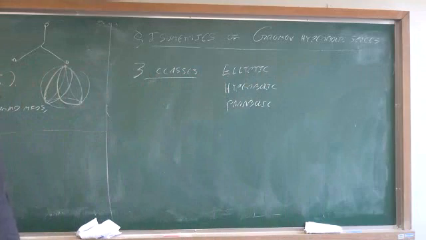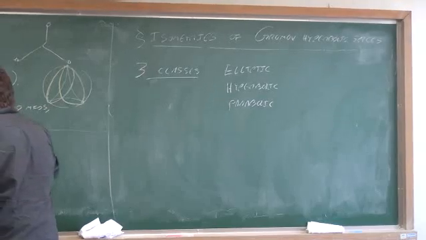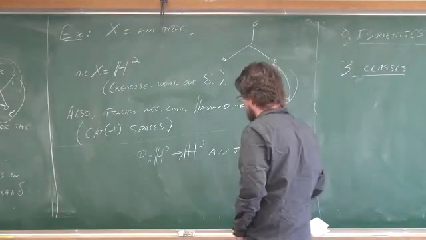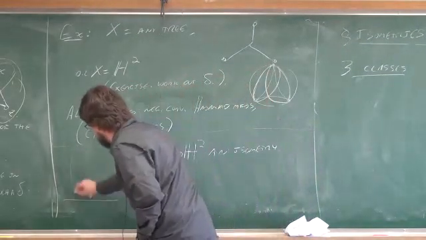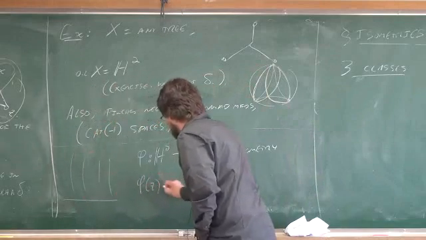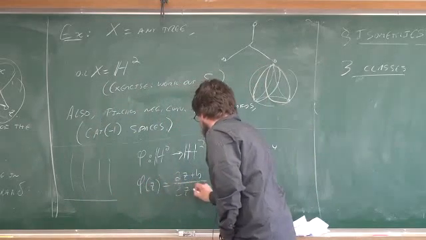So in H2, if I have phi from H2 to H2 an isometry, I can think of the upper half space model of H2, and phi of z is given by (az + b) over (cz + d).